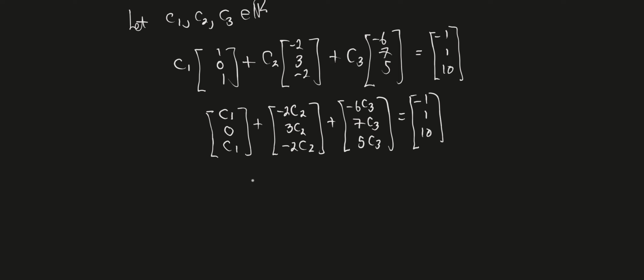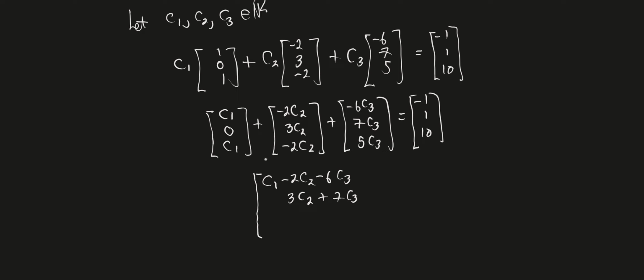So it looks like this. Now I can write a single vector on the left. I would have c1 - 2c2 - 6c3, and then I would have the 0 there, which I won't write, and then I would have a 3c2 plus 7c3.